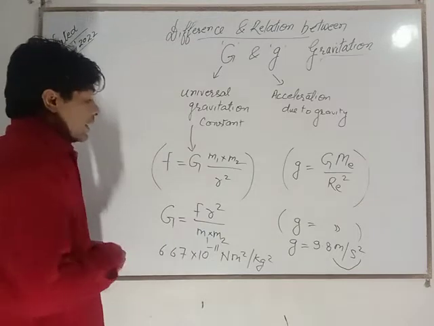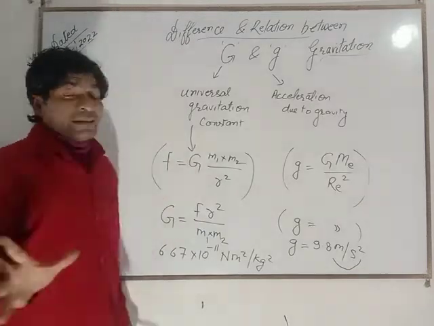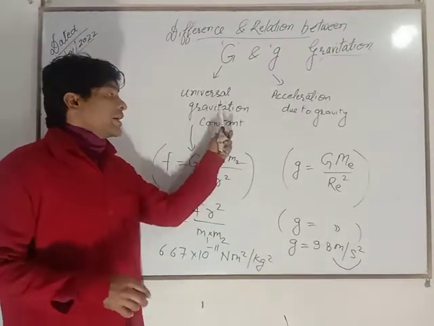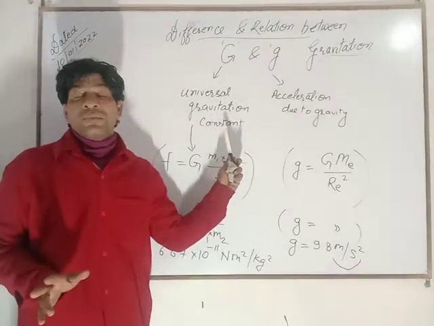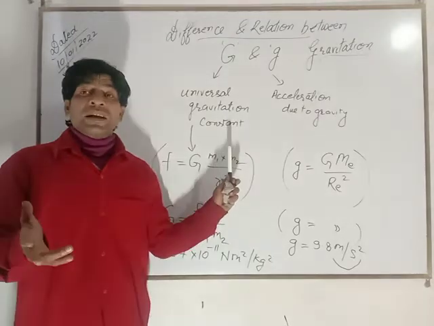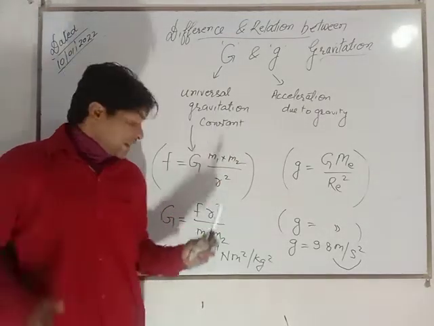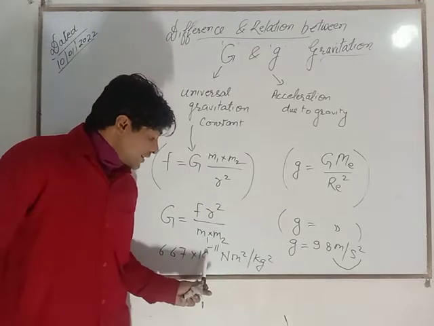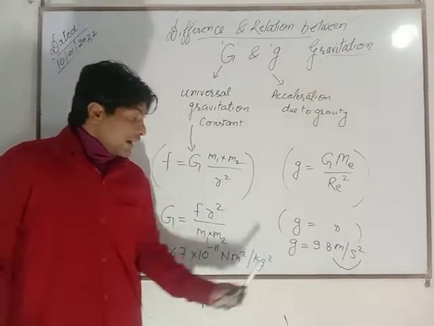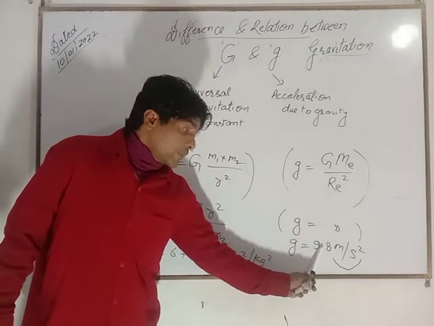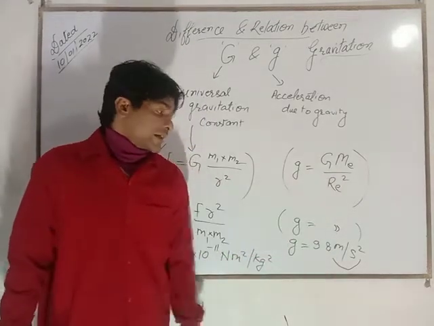Now, how do you know how these values are calculated, that G is 6.67 into 10 power minus 11 and small g is 9.8 meter per second square?